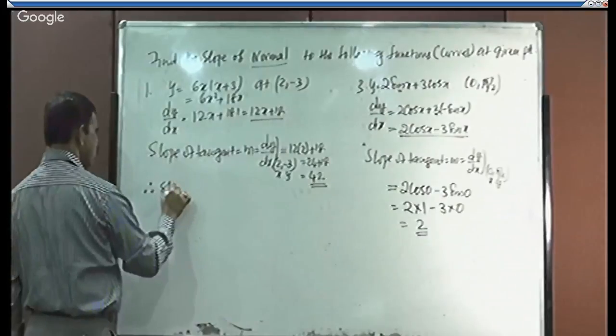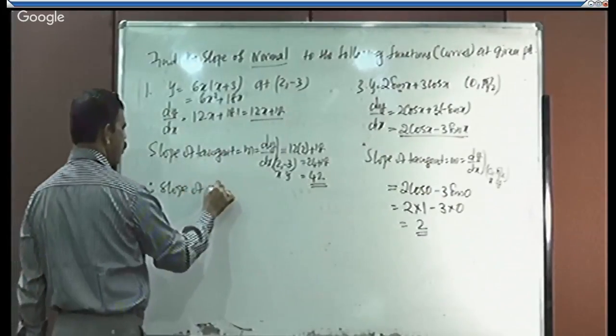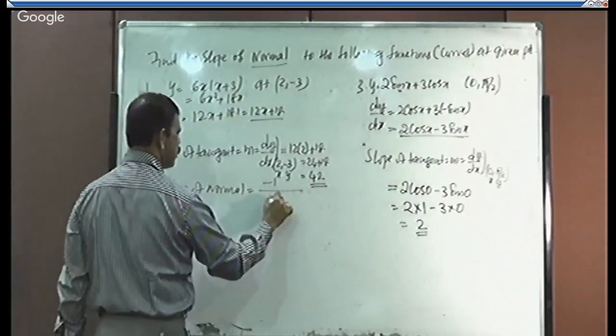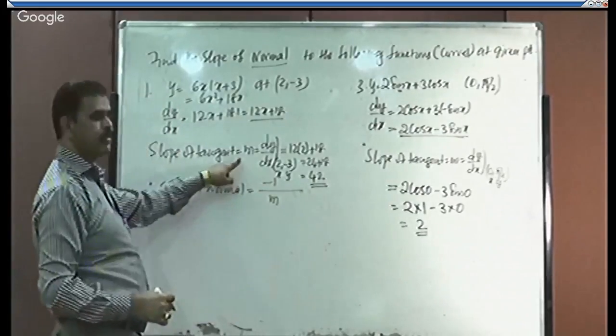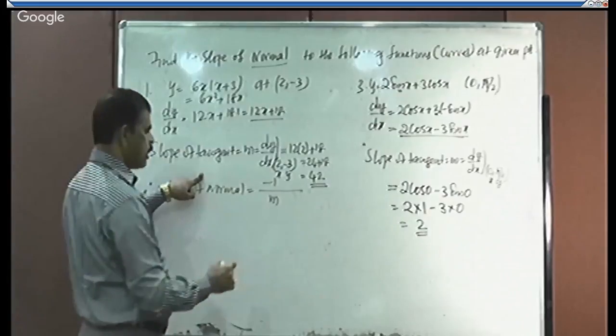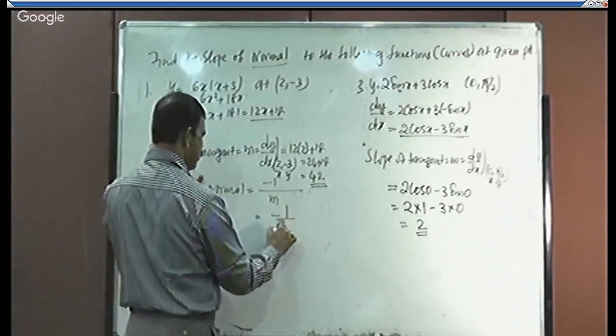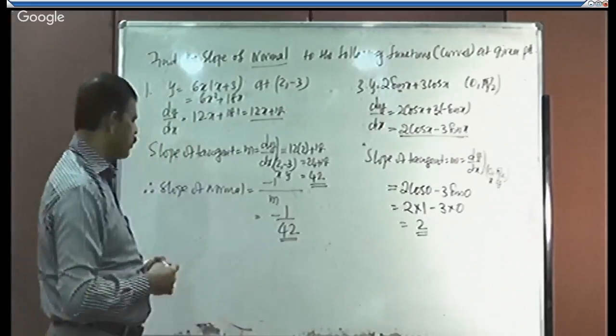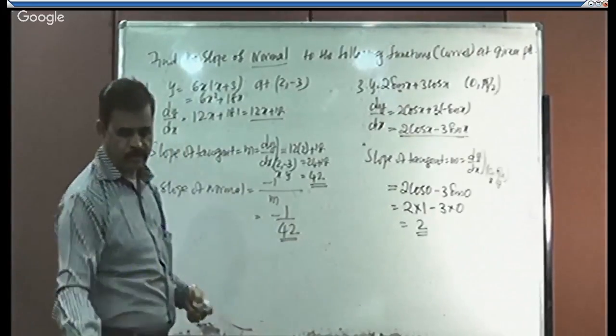Therefore, slope of normal is minus 1 divided by m, where m is the slope of tangent. This is equal to minus 1 divided by 42, which will be the slope of normal.